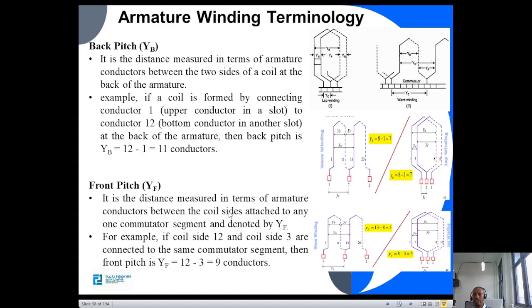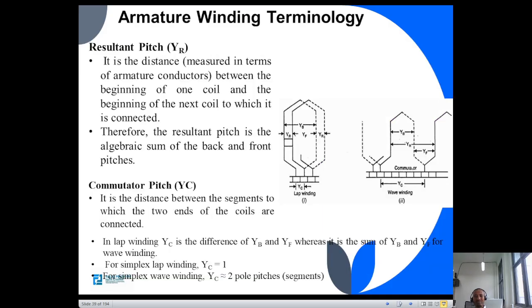This is how we can find the back pitch and the front pitch. These two terms are very important when we design and determine the coil placement inside the slots.